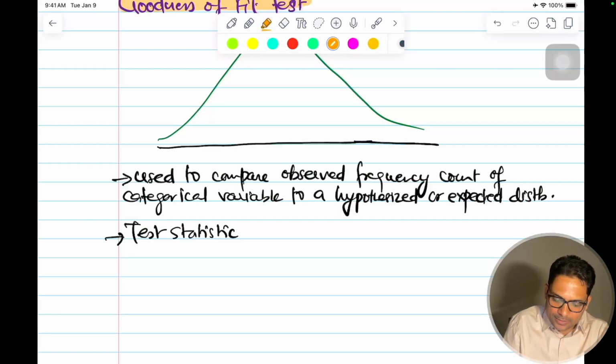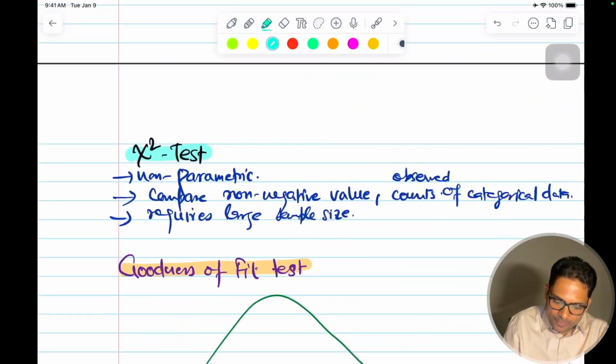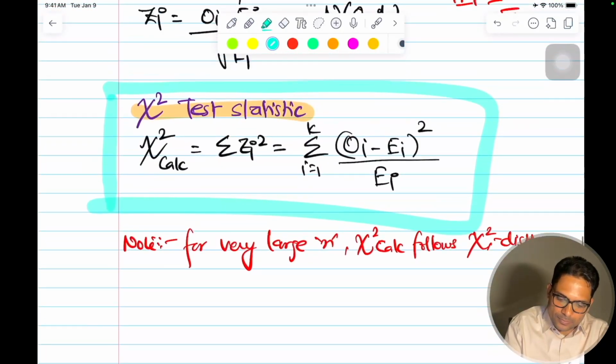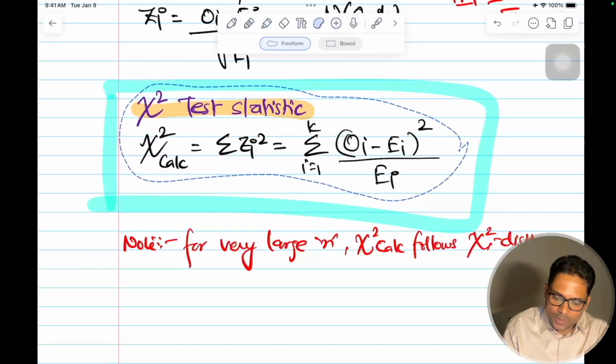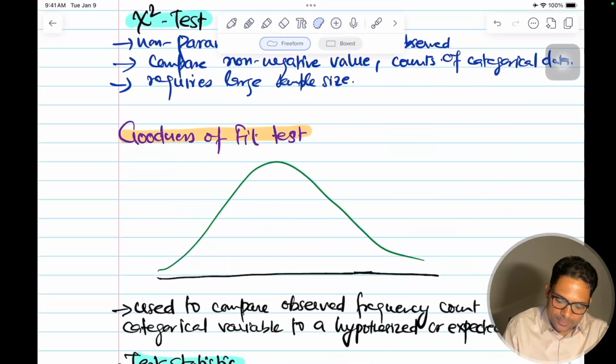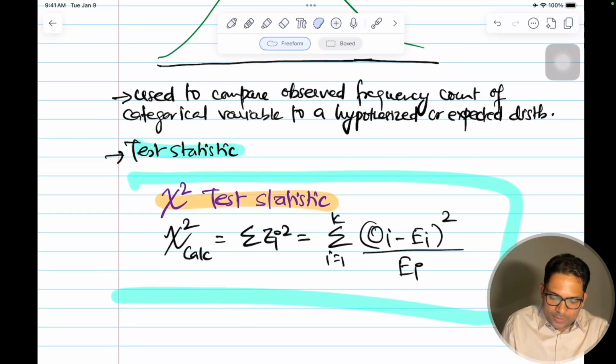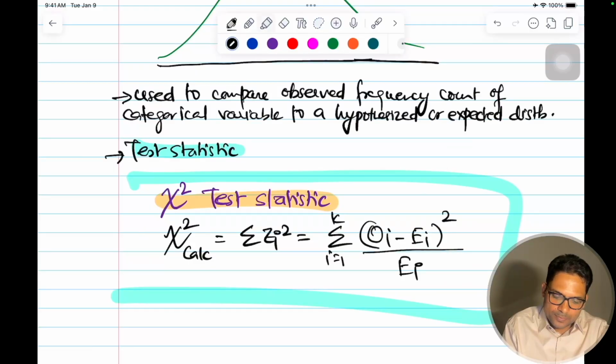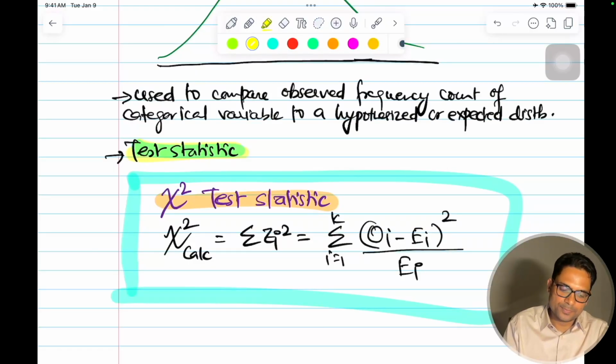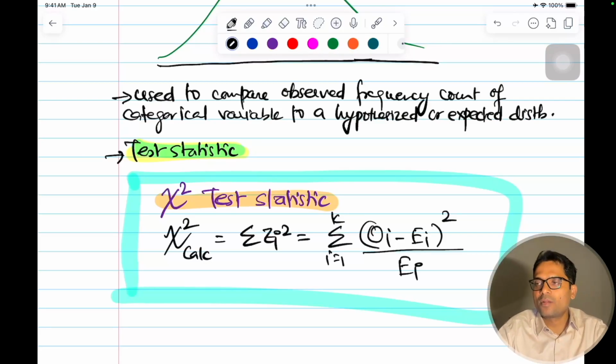So the test statistic is this one. Copy it as it is and paste it here. So this is your test statistic. Let me make it a different color. And what are these values?